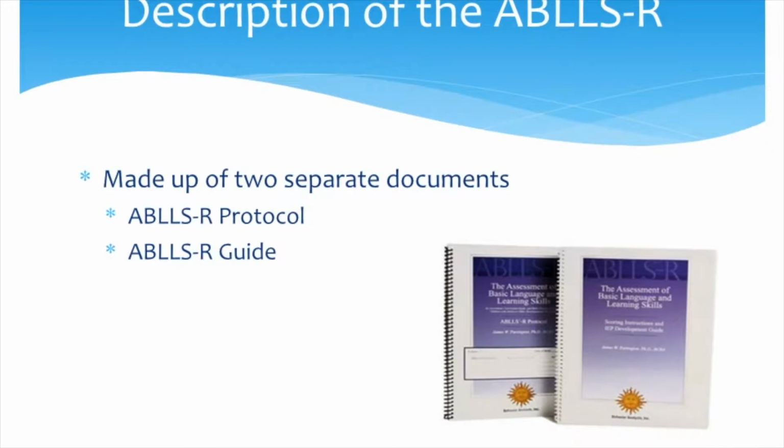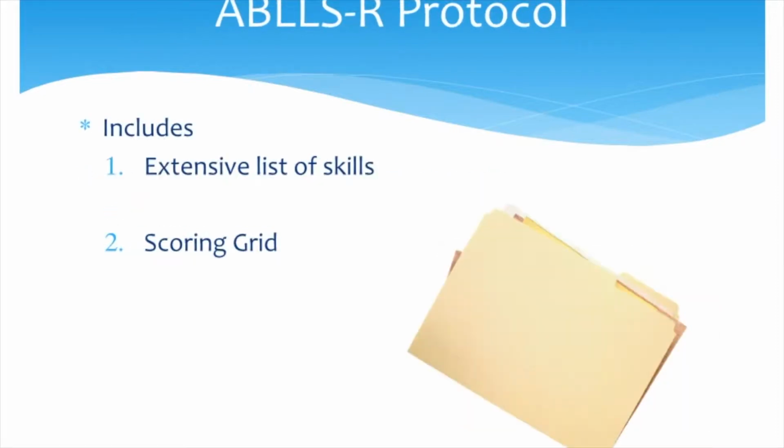The ABLLS-R is made up of two separate documents, the ABLLS-R Protocol and the ABLLS-R Guide. The Protocol provides a list of skills, though it does not include a method to readily determine the educational priorities for an individual child, and it does not include the steps necessary to teach those skills.